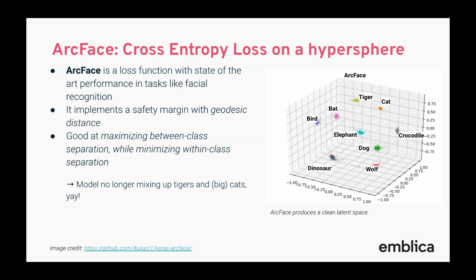And ArcFace happens to perform here very well because it forces each face to have this safety margin in this 3D space. So this loss function we have now constructed is very good at maximizing the between class separation while minimizing the within class separation. So the clusters are tight and far from each other. And this means that our model is no longer mixing up tigers and these big cats, perhaps, which is great.